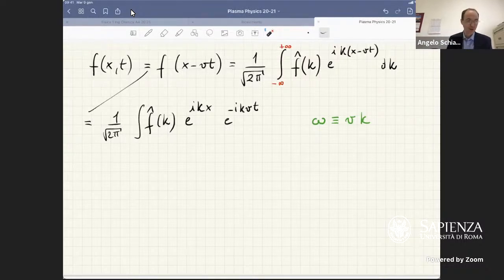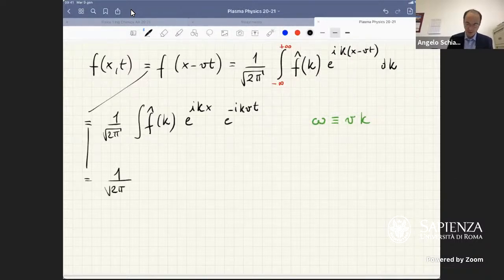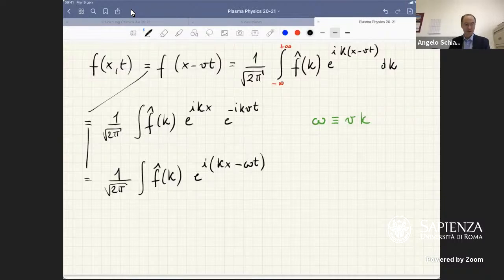If we define omega in this way, we can rewrite our Fourier transform as the normalization factor, integral of the Fourier transform function as a function of k, times e to the i, multiplied by the bracket kx minus omega t, integrated over dk.